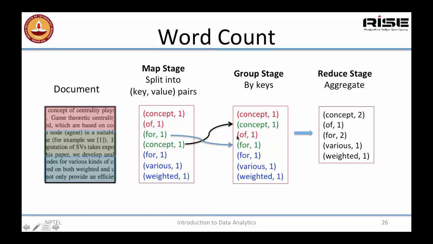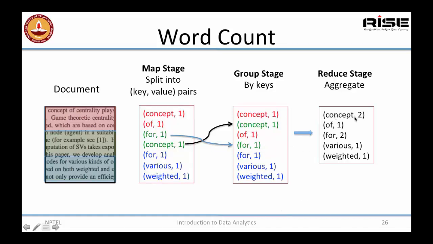In the group stage, you group things by the keys. All the key value pairs which have concept as the key get grouped and are sent to one reducer. Likewise, all the key value pairs which have for as a key get grouped and are sent to another reducer, and so on and so forth.